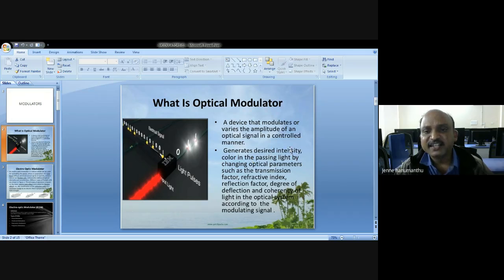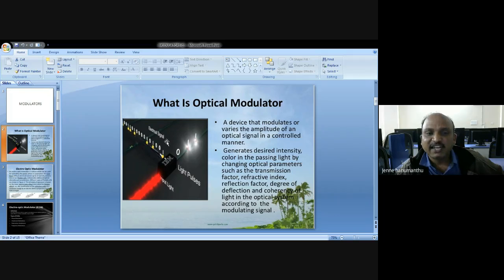Generates desired intensity, color, of the passing light by changing optical parameters such as the transmission factor, refractive index, reflection factor, degree of reflection, and coherency of light in the optical system according to the modulating signal. See, the general meaning of this sentence is that as per the given input signal, we can change the light signal parameters. How are these light signal parameters going to be changed?